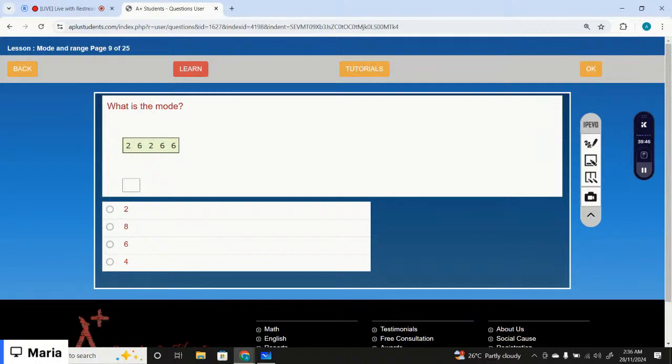What is the mode? The mode is 6. Option number 3 is the correct option.